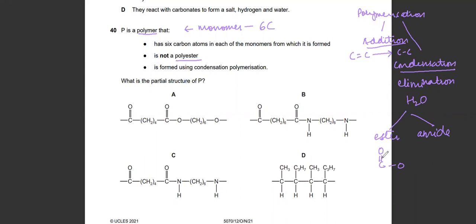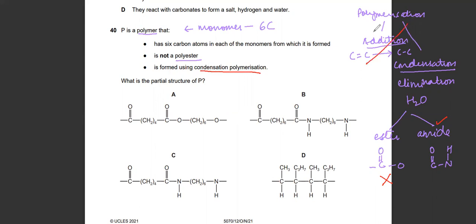This is an ester linkage, C double bond O and O, and the amide linkage is basically C double bond O NH. So they are saying it doesn't have an ester linkage, so definitely it might have an amide linkage. Then it is formed using condensation polymerization.